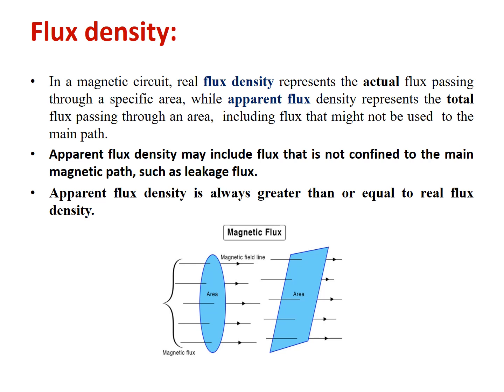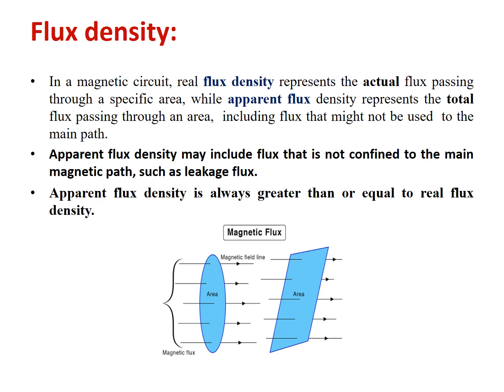In a magnetic circuit, real flux density represents the actual flux passing through a specific area, while apparent flux density represents the total flux passing through an area, including flux that might not be used in the main part. All the students, please understand the real flux density and the apparent flux density.